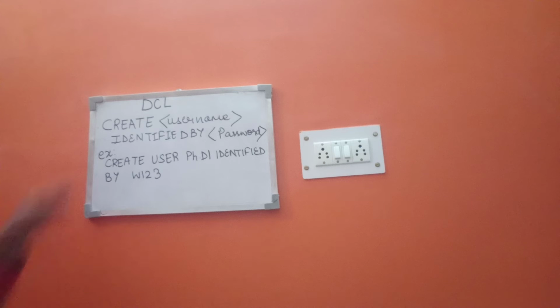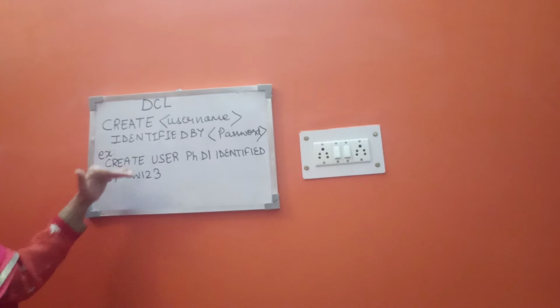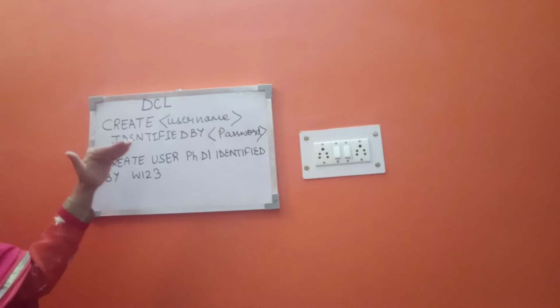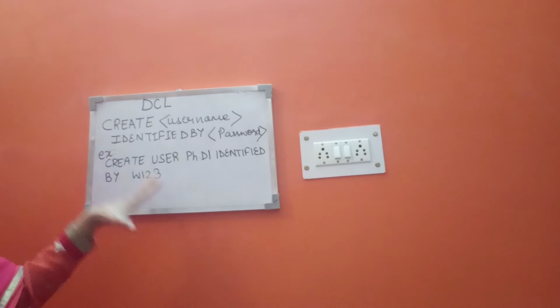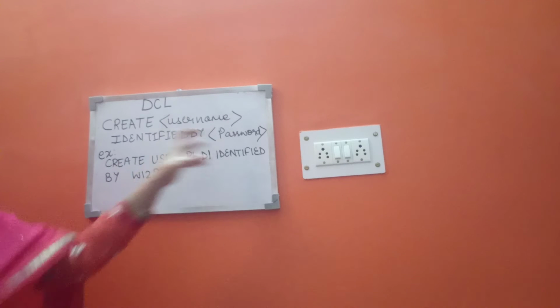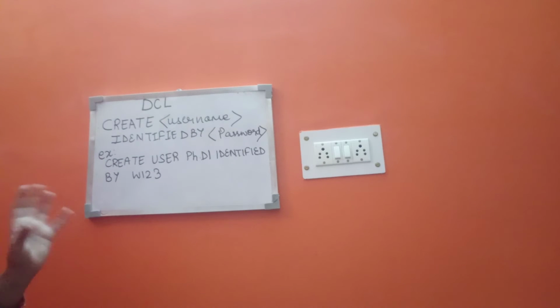That is the first step towards accessing the database, without which you are not a valid or legal user. A valid user will have a username and password provided by the concerned authority.